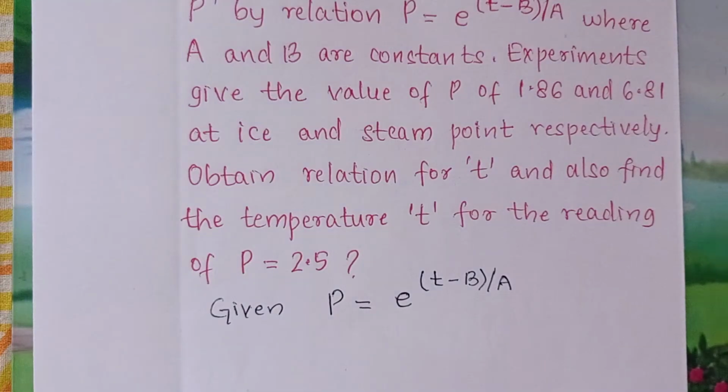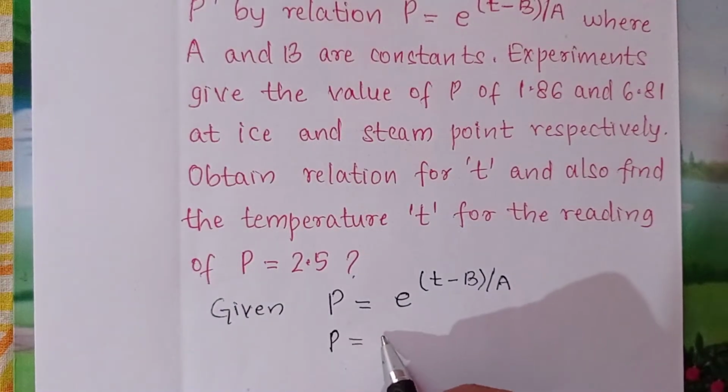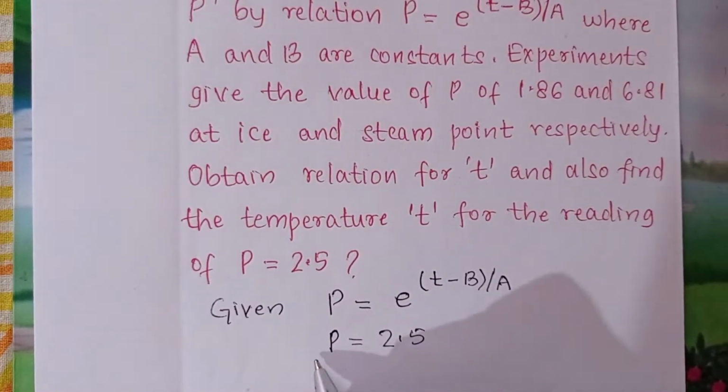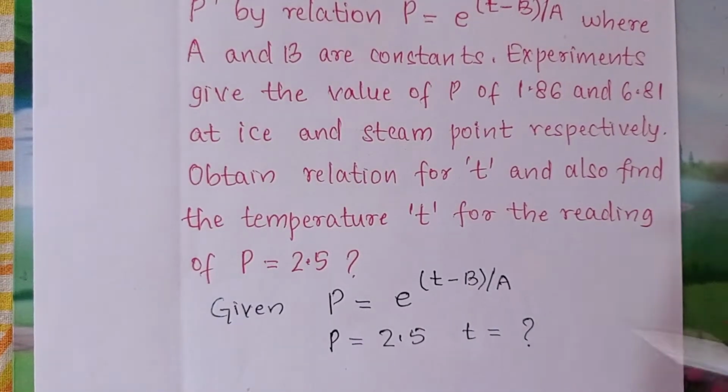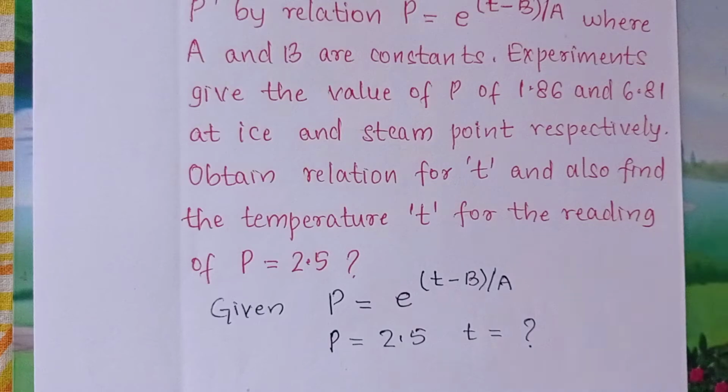And we need to find out the value of T when P is equal to 2.5. So, when P is equal to 2.5, what is the value of T? This is what we need to determine from the problem.